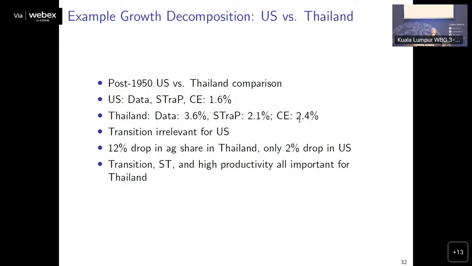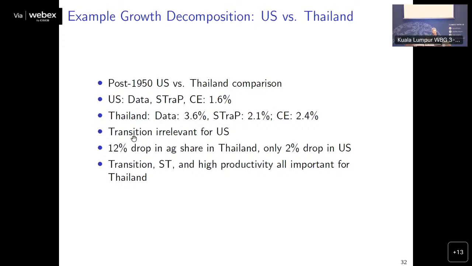Okay? 2.4 is still less than 3.6. Say that 1.2% would have to come from someplace else. And in the context of the model, what you have to do is say the underlying productivity growth is faster in Thailand. So there's these three forces that are all at play in understanding the Thai data, and you can decompose which part comes from which.